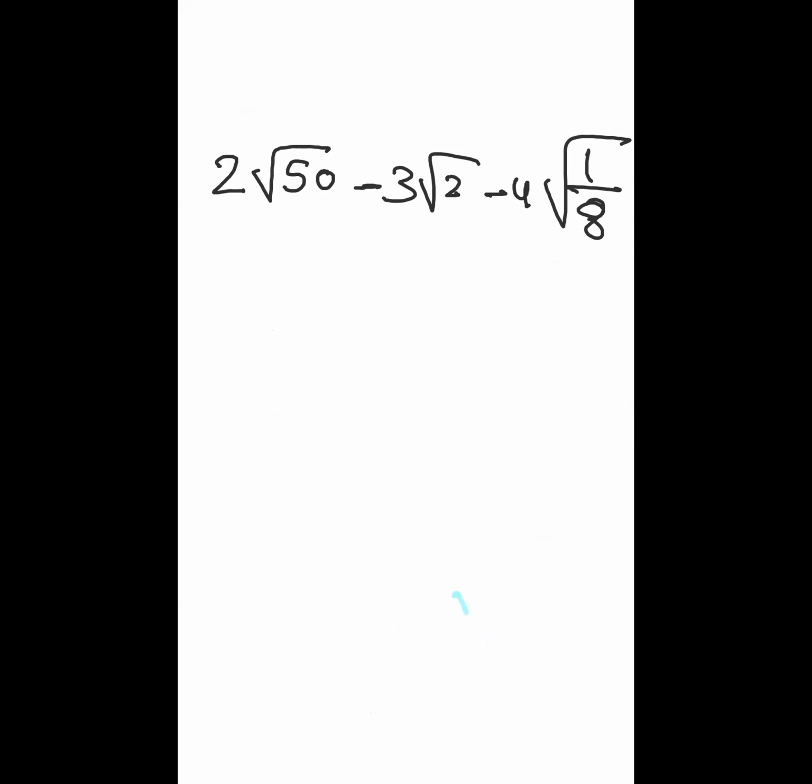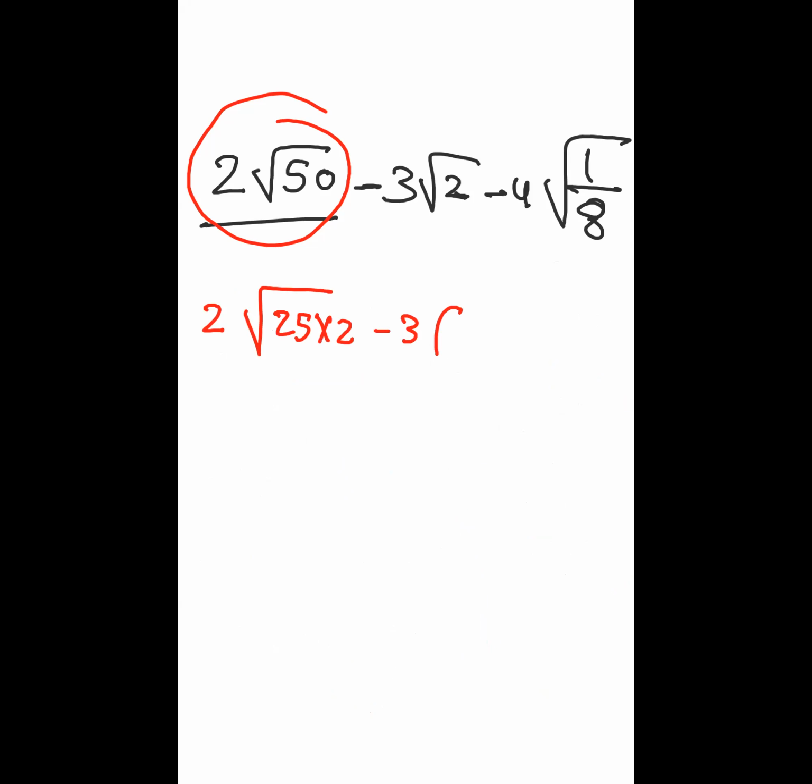Now, guys, again, another solution. So we said that 2 square root of 50 means 25 times 2, minus 3 square root of 2, minus. Okay, now this 4, I will place it inside the square root.